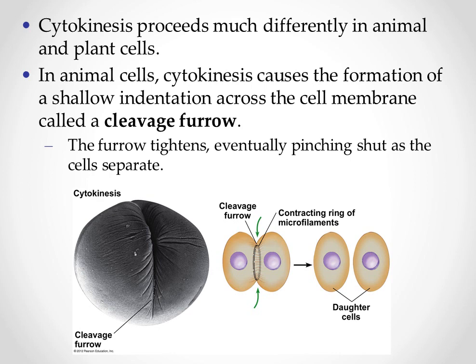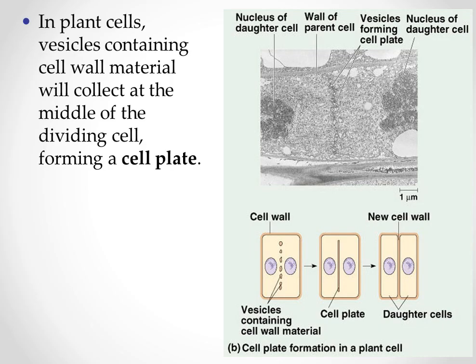So, cytokinesis, we talked a little bit about that cleavage furrow. Okay, so in animal cells, it's called a cleavage furrow. Basically, it makes daughter cells. Plants are a little bit different, okay, because plants actually have a cell wall on the very outside compared to their cell membrane.